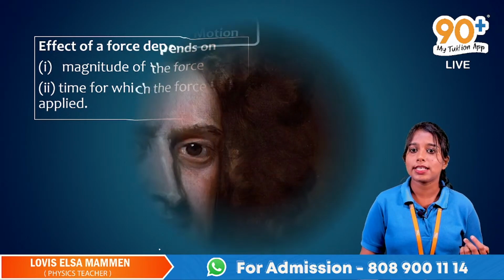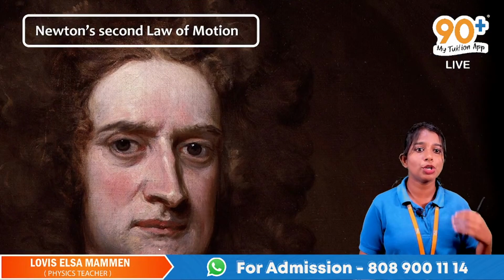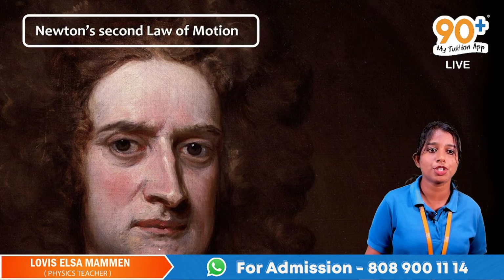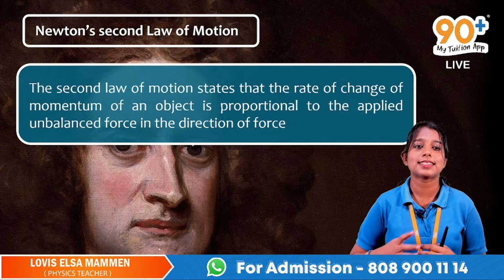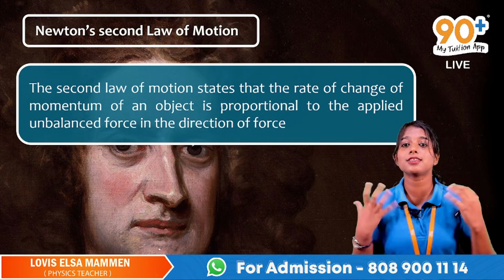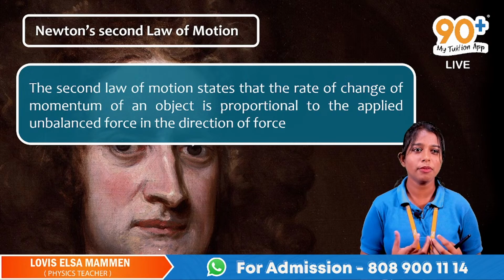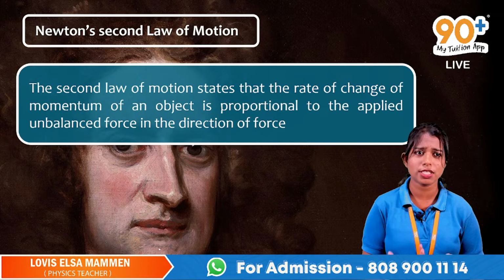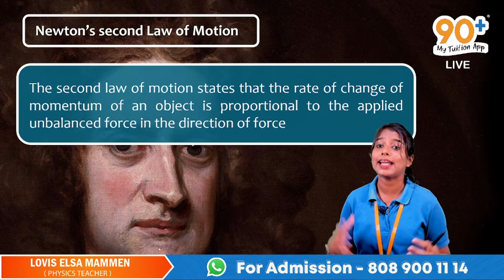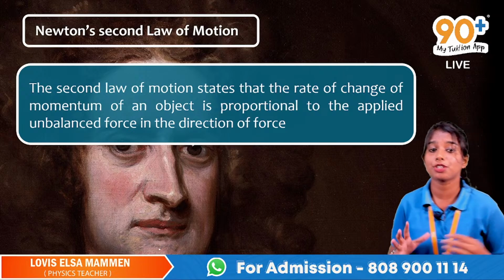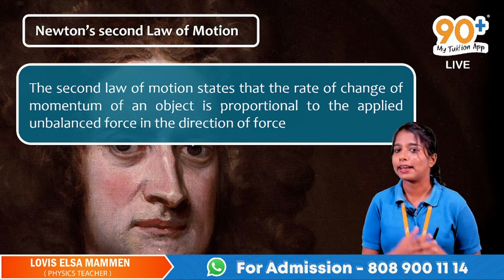So the second law of motion, Newton's second law of motion. The second law of motion states that the rate of change of momentum of an object. What do you mean by this? Rate of change of momentum? It is proportional to the applied unbalanced force in the direction of the force.